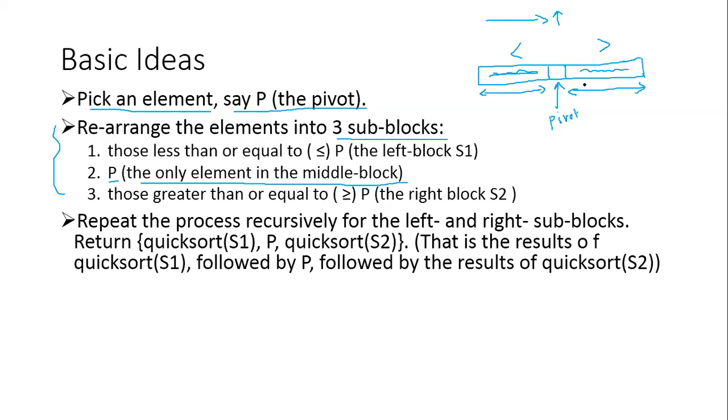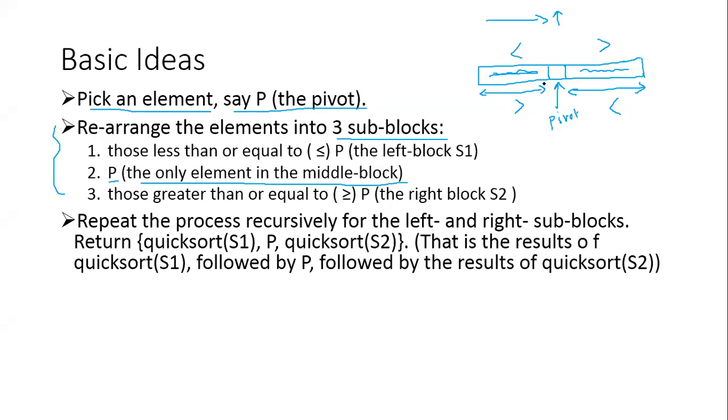If I want to do it in decreasing order, then this left half has to be greater than the pivot, and the right half has to be lesser than the pivot. Each and every element in the left half will be greater than.